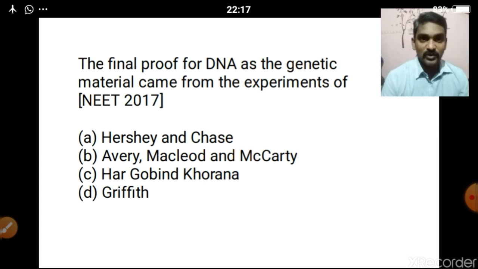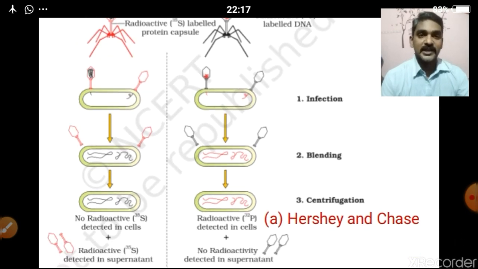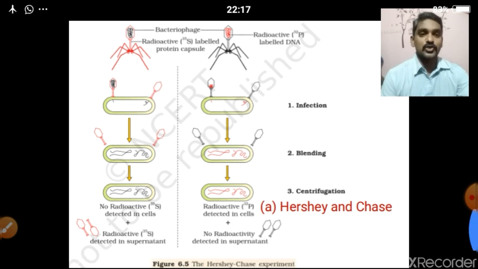Biochemical characterization was done by Avery, MacLeod and McCarty. So Hershey and Chase is the right answer. They only gave the proof. This is directly from the book. Based on the bacteriophage experiment, they found that DNA is the genetic material without any doubt.